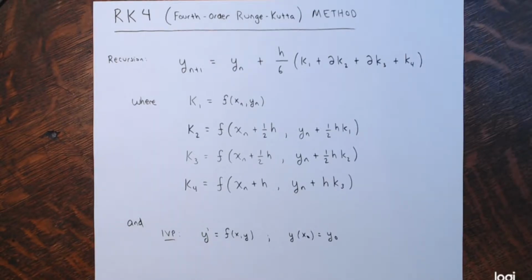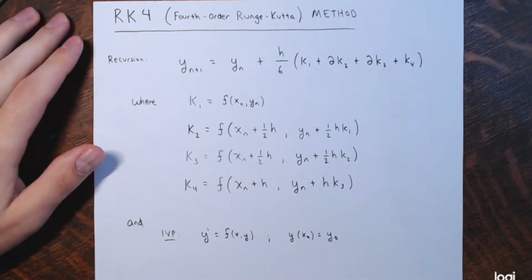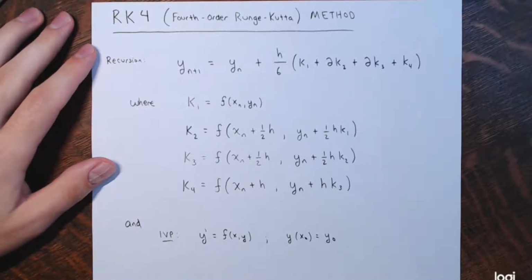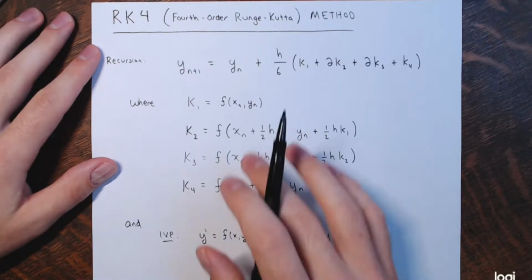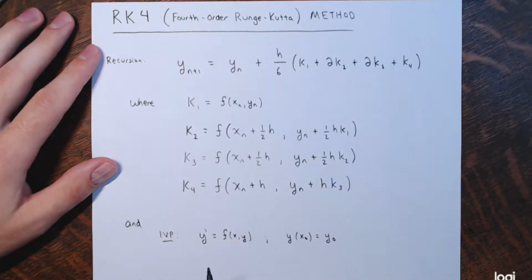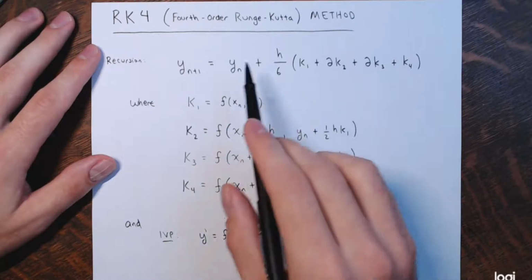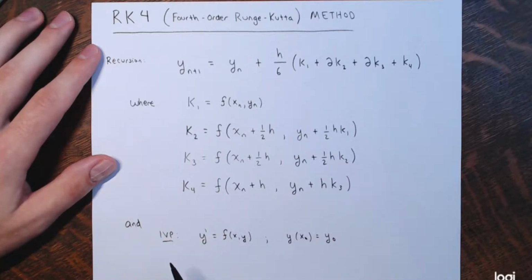Here I have the recursion. It's pretty involved and very daunting to do by hand, especially if there's more than one step. I'll go over the recursion with you, then go into an example and show you how one step is performed by hand, possibly two.